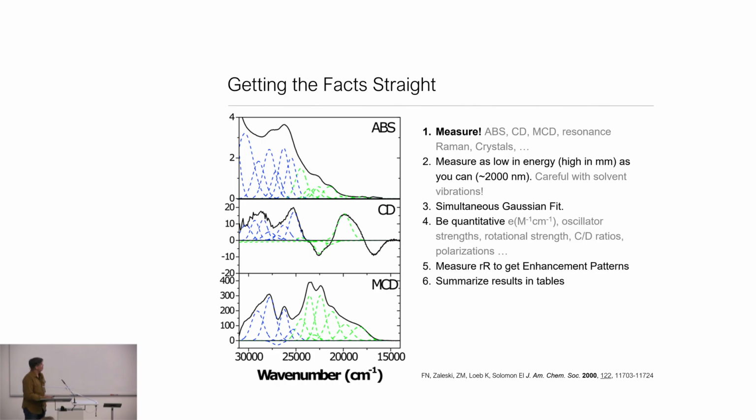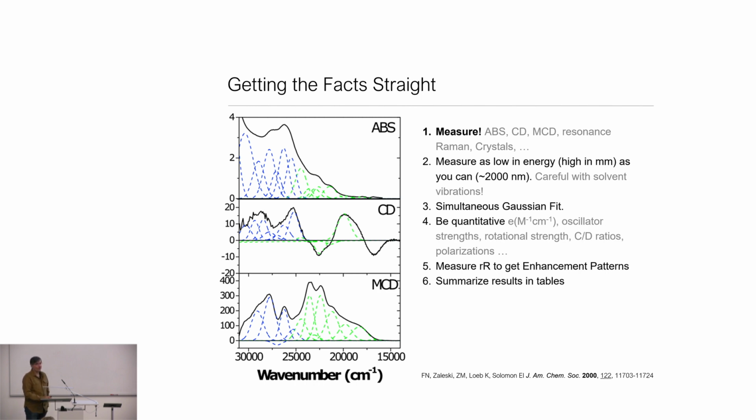That's why it's great, even if you couldn't care less why things are positive and negative, to measure alongside the absorption also the CD spectrum and the MCD spectrum, because they give you so much more structure.